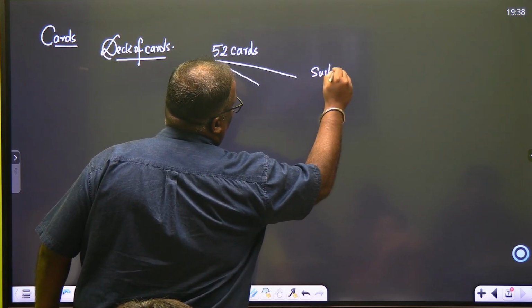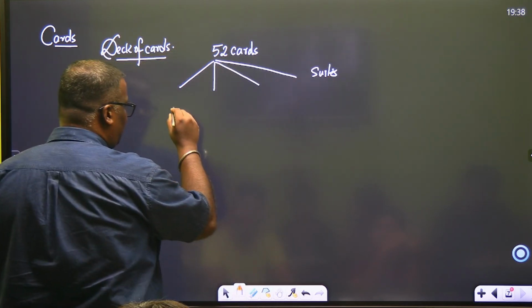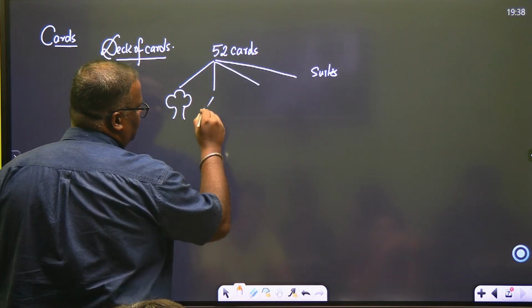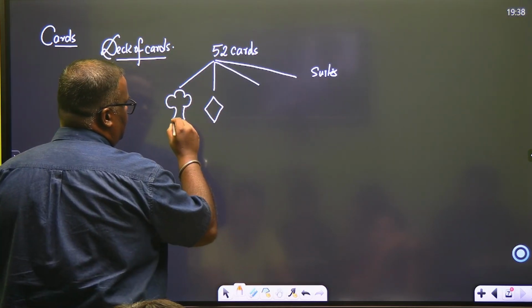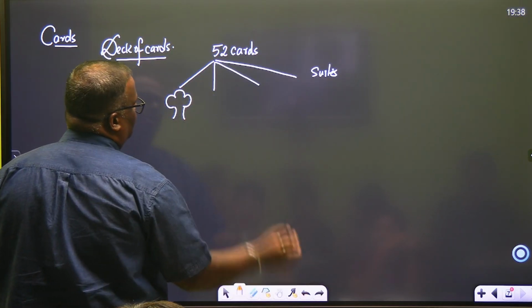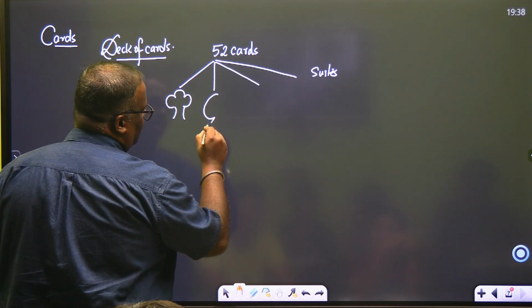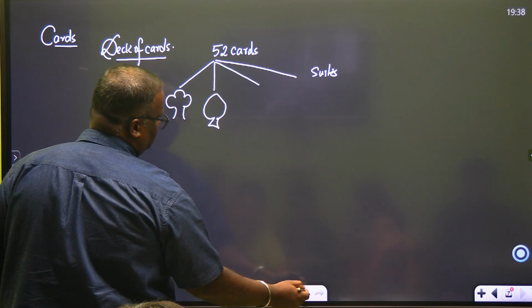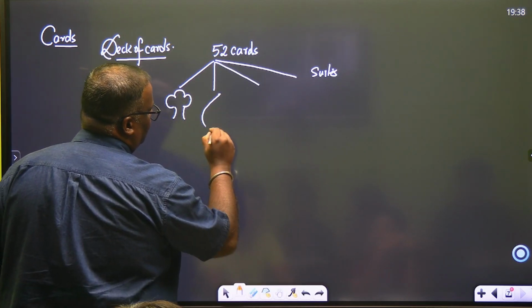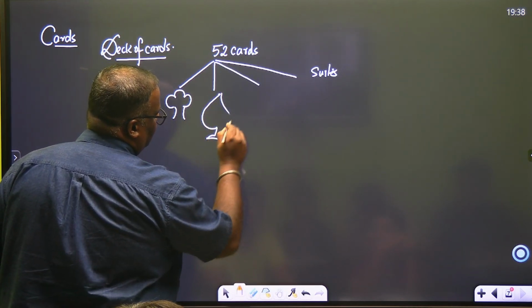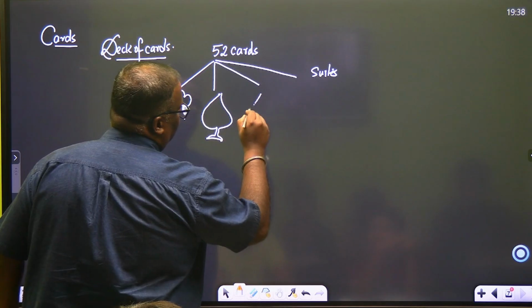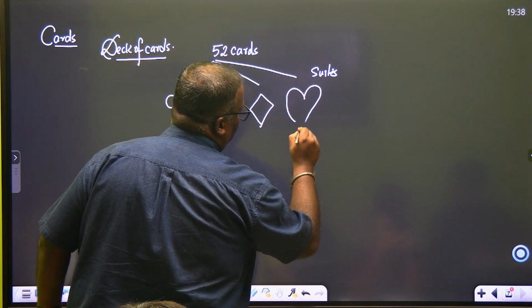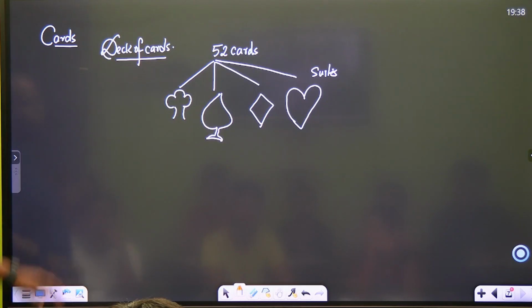Suits, okay. अब ये तो white मेरा board है तो white में लिखेंगे. Okay. 4 different suits.